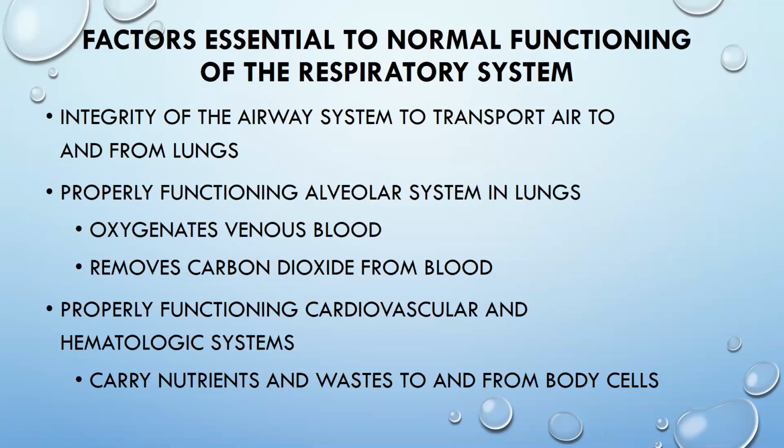You've got to have properly functioning alveolar systems in the lungs to help oxygenate venous blood and take the CO2 out. You need properly functioning cardiovascular and hematological systems to carry nutrients and waste from the body. You've got to work in conjunction, like we've said, with the circulatory system.